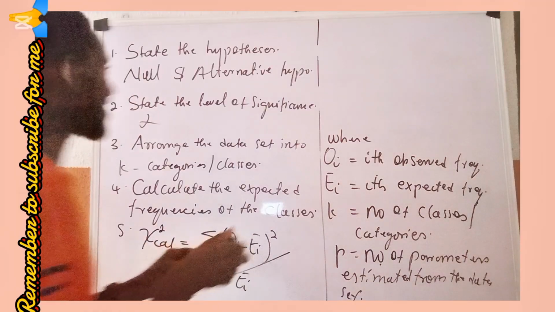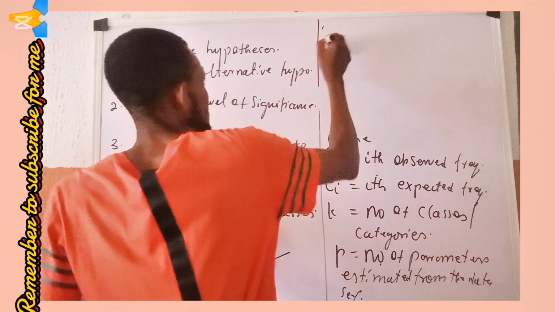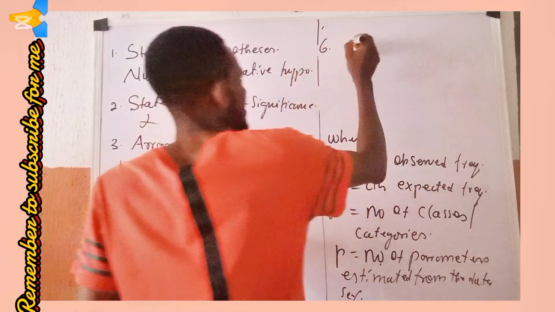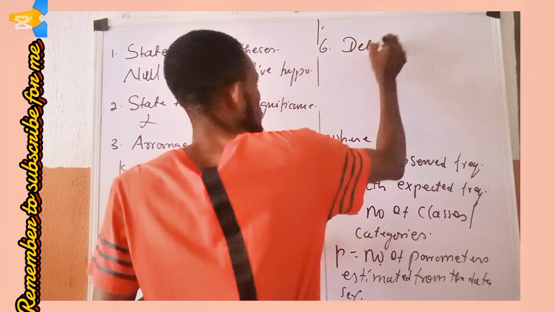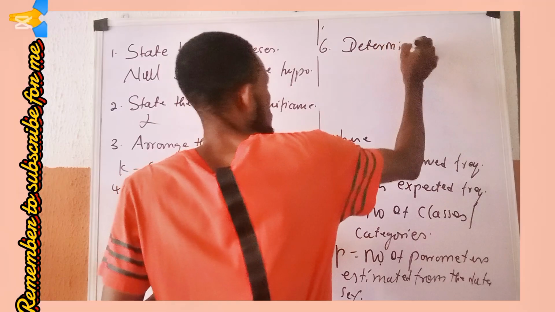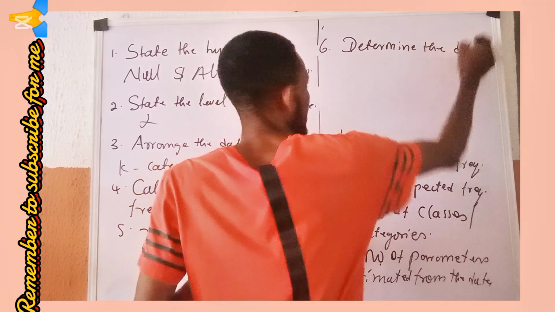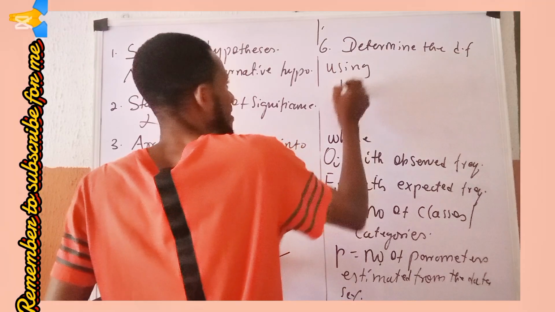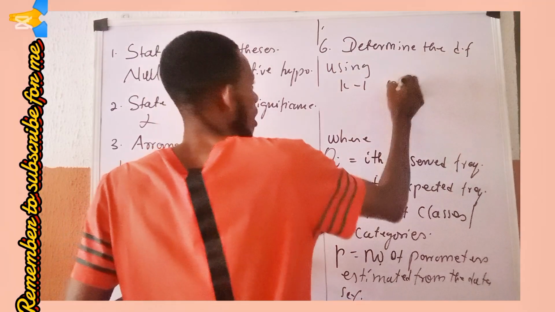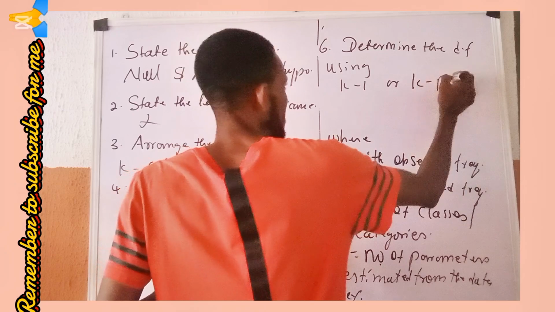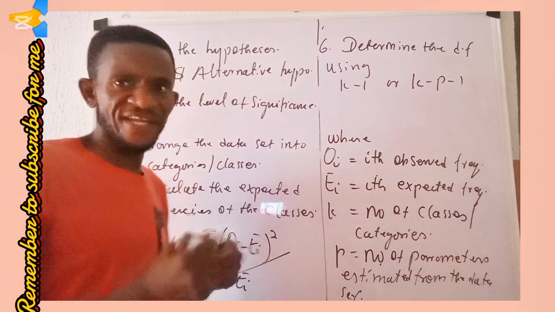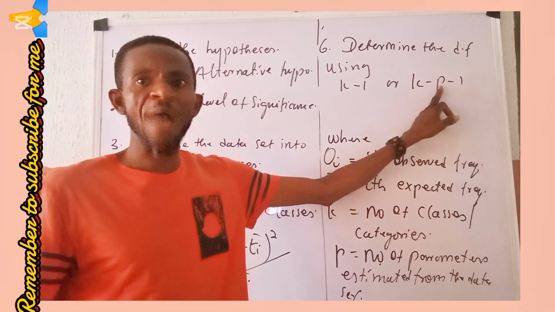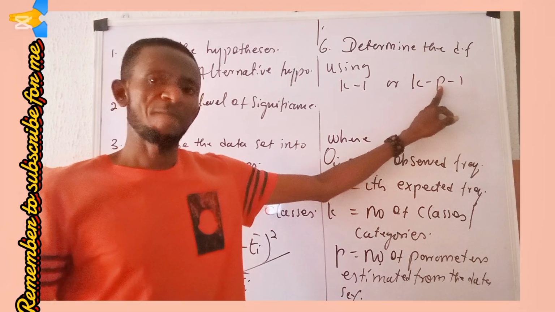What is number 6 that we are going to do? Number 6. Determine the degree of freedom using k minus 1 or k minus p minus 1, depending on if we estimated parameters before applying to our formula.